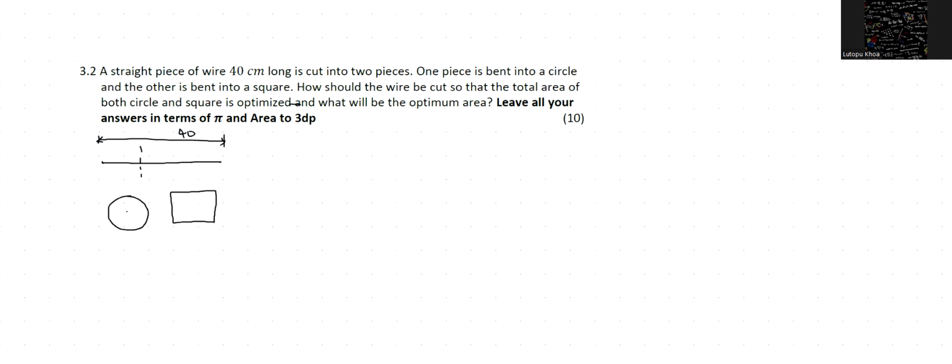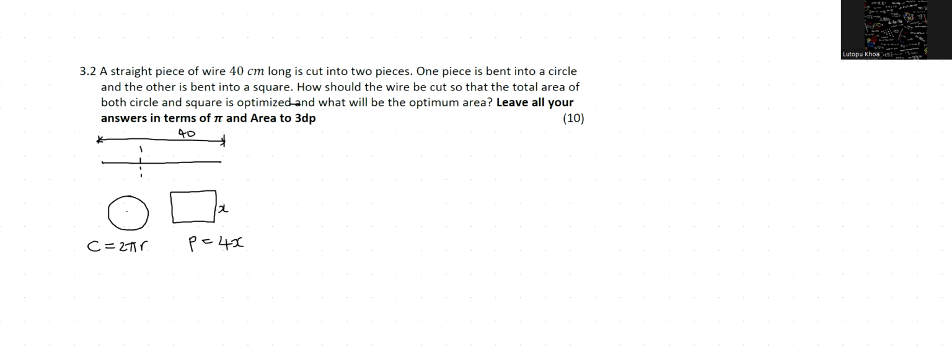So that means the perimeter of the circle and the perimeter of the square must add up to 40. The perimeter of the circle is the circumference, so here we know that C is equal to 2 pi r. And here our perimeter, you can call this side x, is 4x.